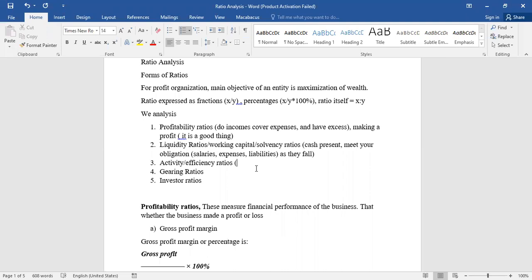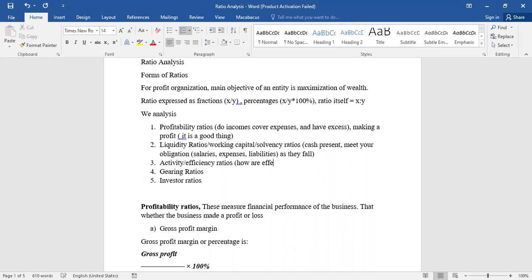The same applies to assets like machinery used to produce products, which we later sell. The more goods the machine produces, the more efficient you are. So activity or efficiency ratios look at that.